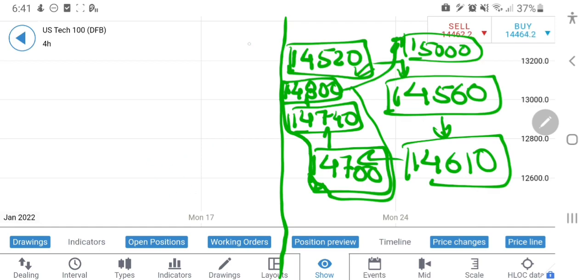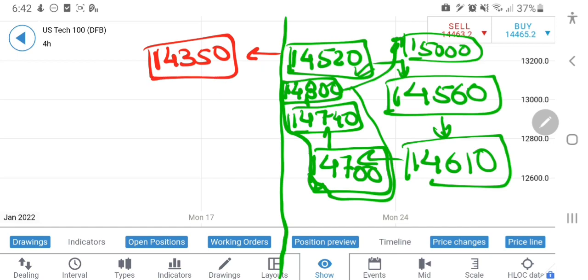On the downside, if you see it breaking 14,350, take a shot at 14,350, and then you can expect it to drop. How far could it drop? The nearest support is at around 14,260.